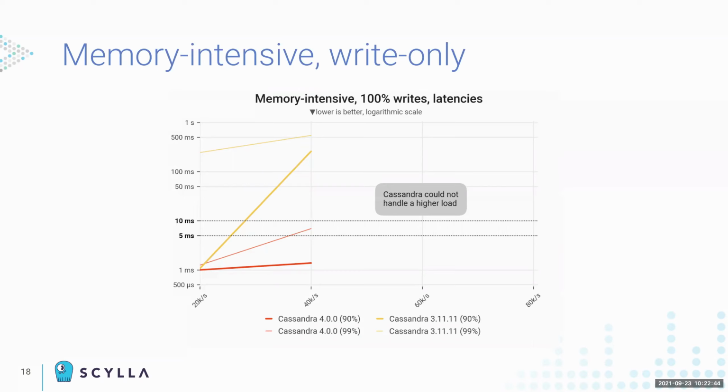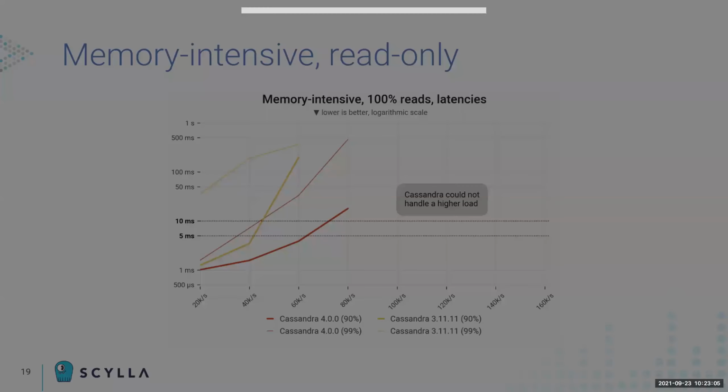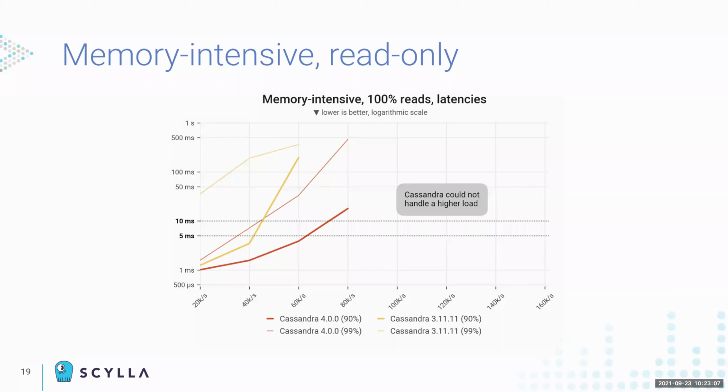The 99th percentile latency is above 10 milliseconds for the entire benchmark, while Cassandra 3's 99th percentile latencies hover around 500 milliseconds. They are well above 100 milliseconds. If we look at the read-only benchmarks, essentially the same pattern holds true, although latencies are a bit higher.